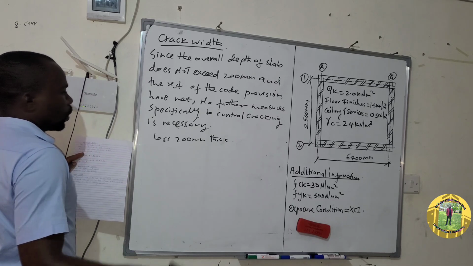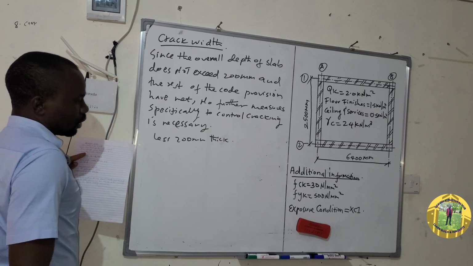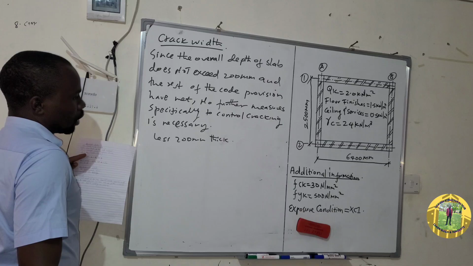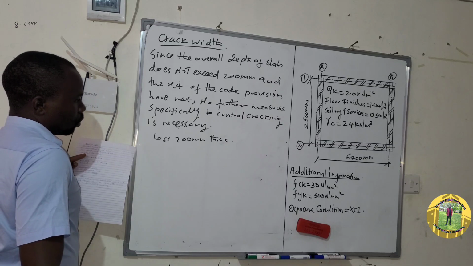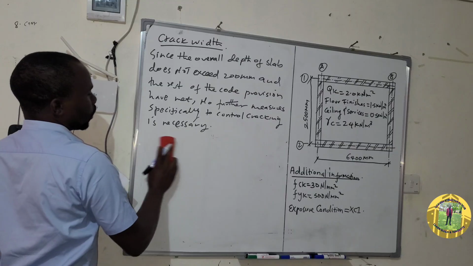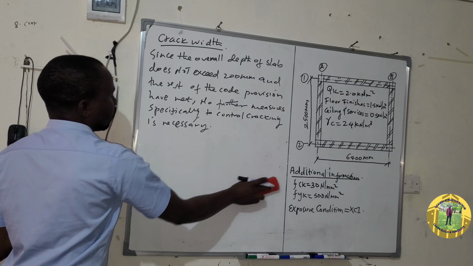So if you want to do it, you can do it for your own benefit, but there is no need for shear reinforcement or shear calculation. So we end there. What is remaining is to draw the section and elevation.